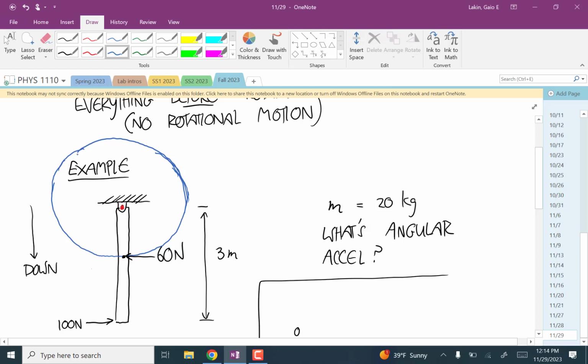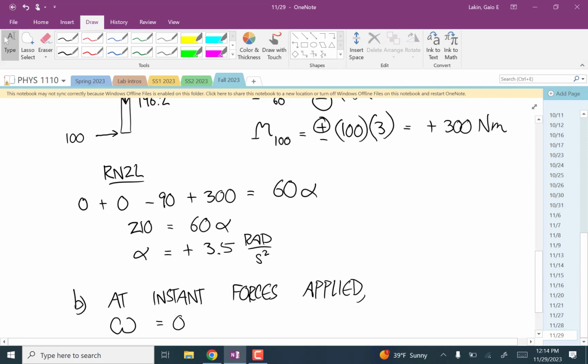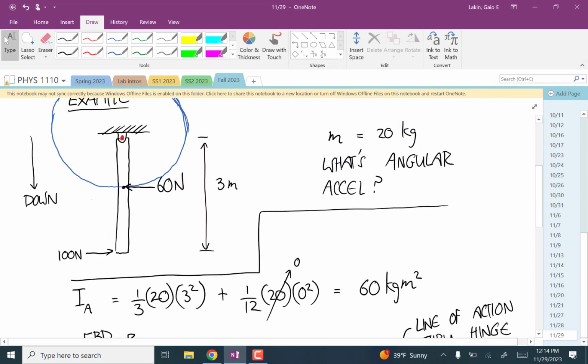We calculated that the angular acceleration was positive. So it's rotating counterclockwise. And so that means if the angular acceleration is counterclockwise, the tangential acceleration is this way.